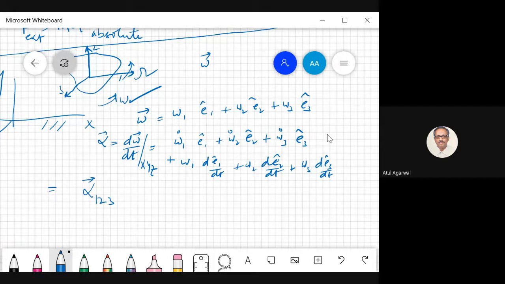Alpha is measured from the 1 to 3 system, plus what is dE1 by dt? Omega cross E1. Yes, sir. Clear.